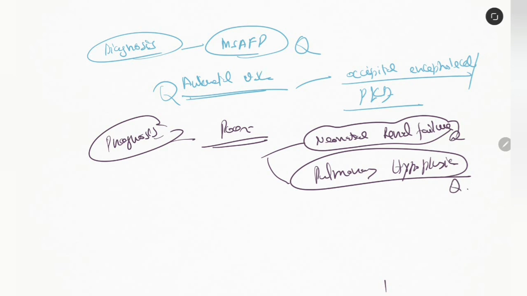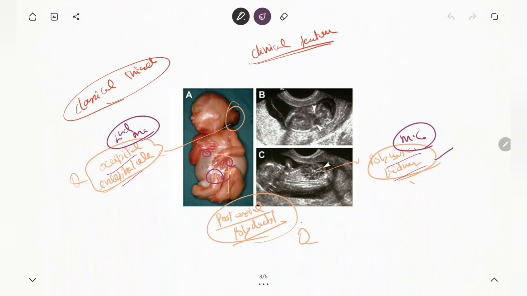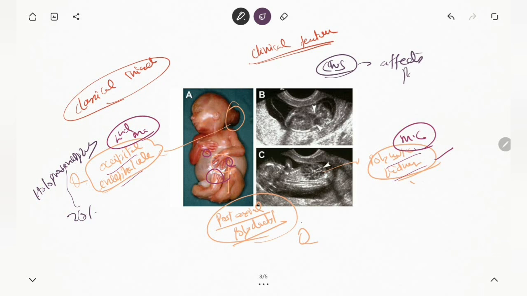So this is, in short, what I have told you about Meckel's syndrome. There is a classical triad in which polycystic kidney disease is the most common. It is followed by occipital encephalocele, most 70%, and holoprosencephaly. Mainly in the CNS, Meckel's syndrome affects the posterior fossa.